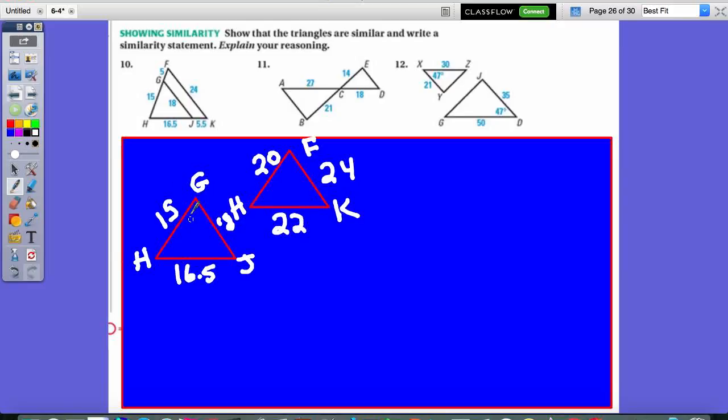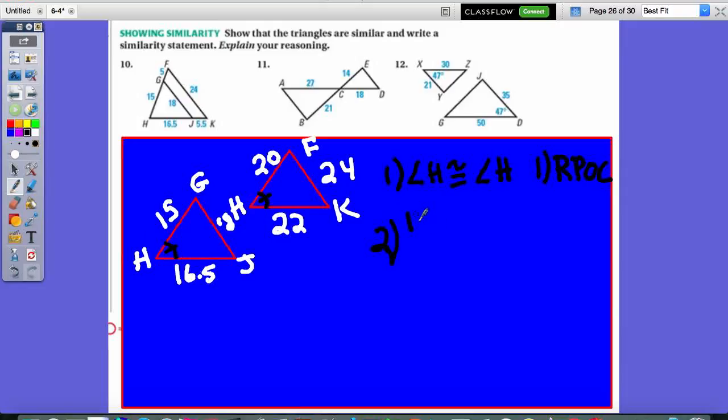So for this one, I'm actually going to do this one right now by side, angle, side. Because angle H is congruent to angle H by the reflexive property of congruence. Now my two sets of corresponding sides have to be the side lengths that make up that included angle.